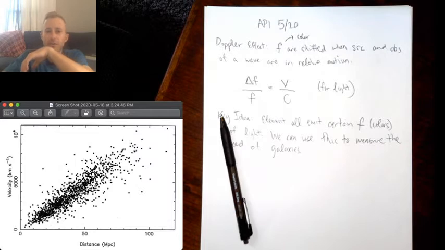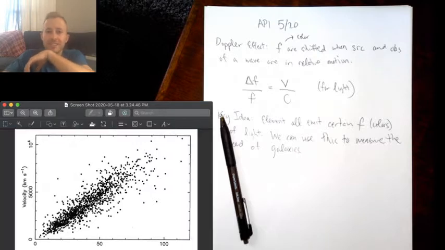And so I think it's fairly obvious that there is a correlation between distance and velocity. So we can see that as the galaxy is further away, it has a greater and greater speed. Okay?